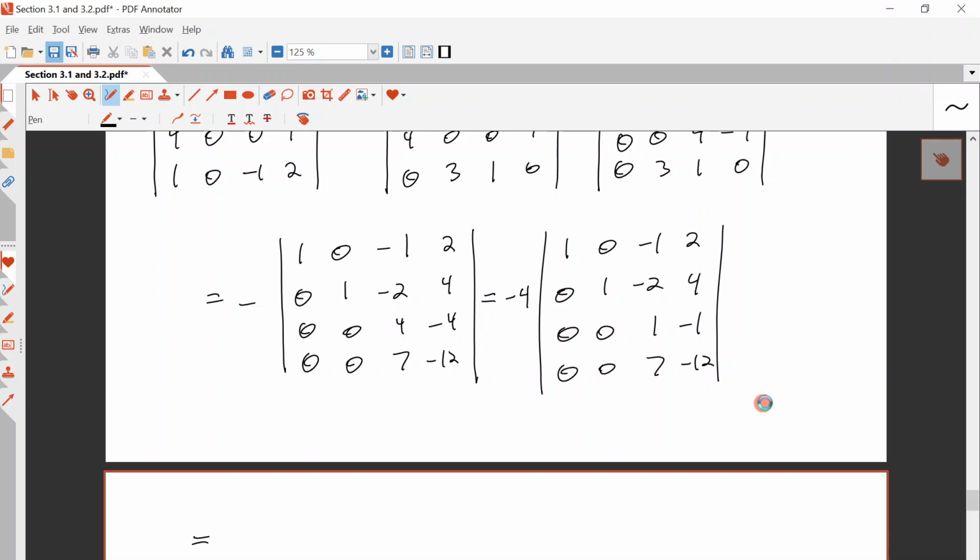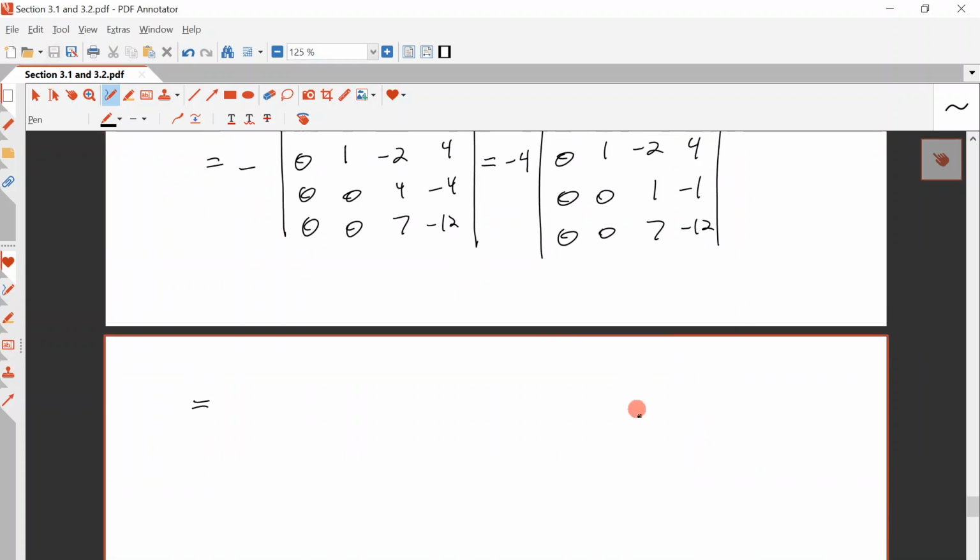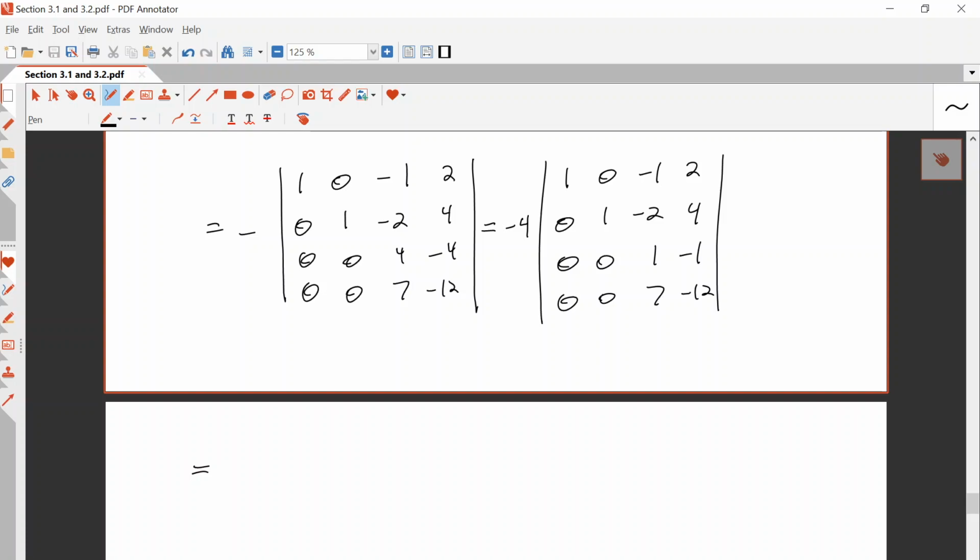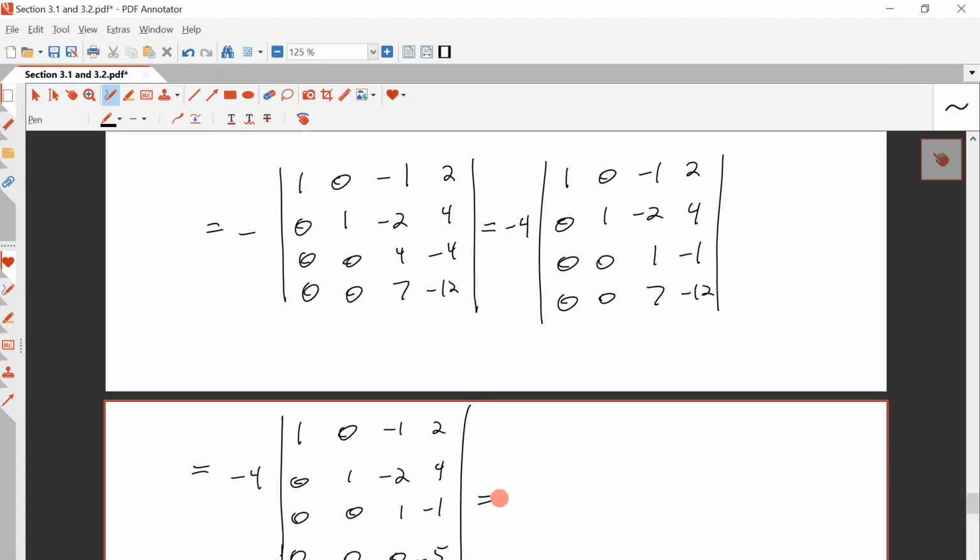All right, and then I'm going to subtract 7 of row 3 from row 4, and that doesn't change the determinant. 0, 0, 1, minus 1, 0, 0, 7 minus 7 is 0, minus 12 plus 7 is minus 5. So this is minus 4, and then the determinant of this one, because it's triangular, is just this product.